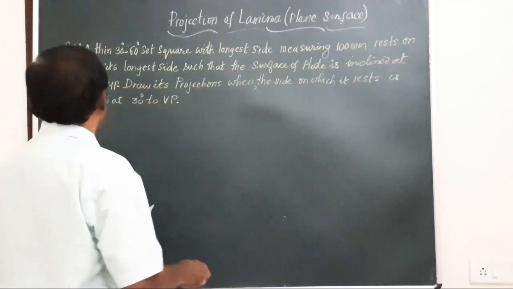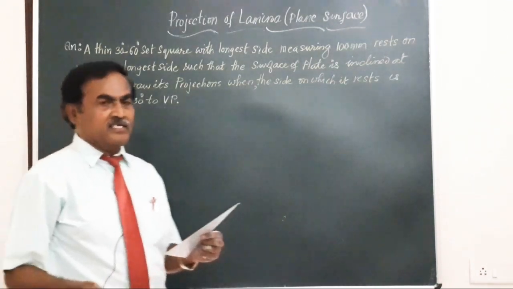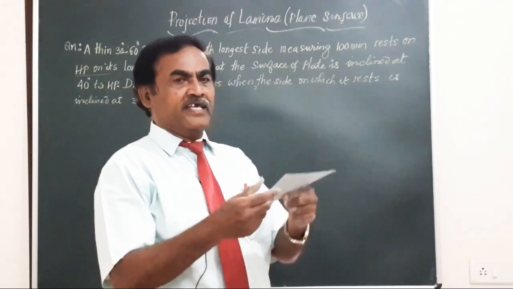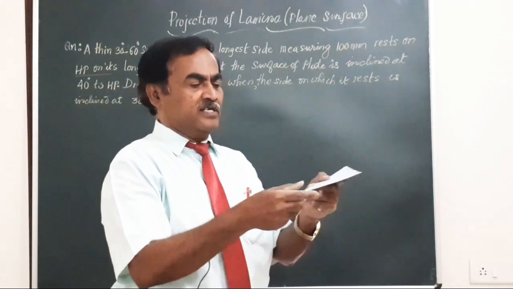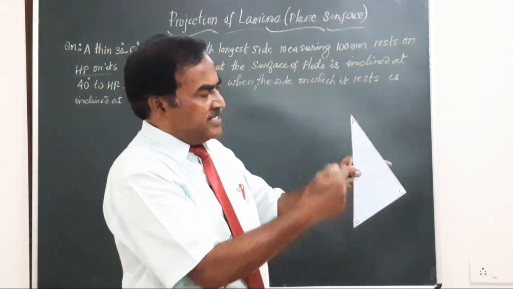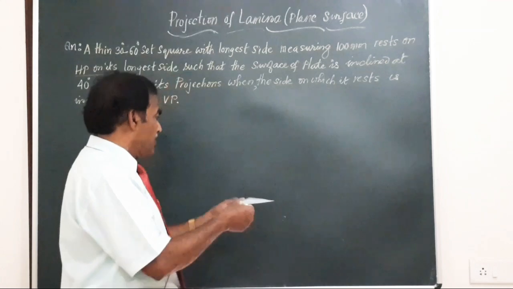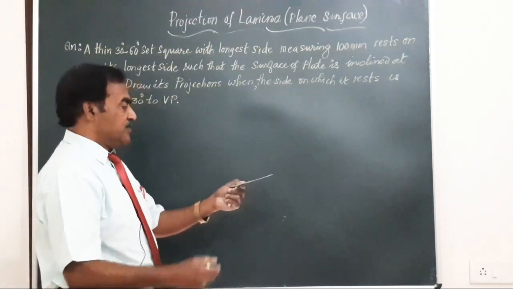Friends, we have a set square problem like this where it is resting on HP. So first of all we have to analyze that the plate is resting on HP. Place this triangular plate on HP such that the longest side AB, which measures 100 mm, is perpendicular to the VP or parallel to HP.